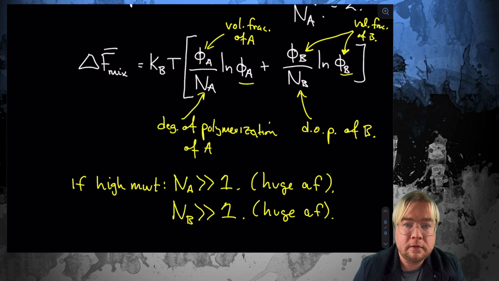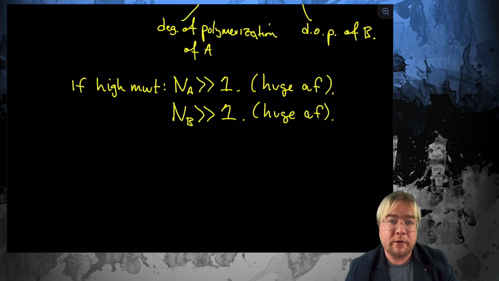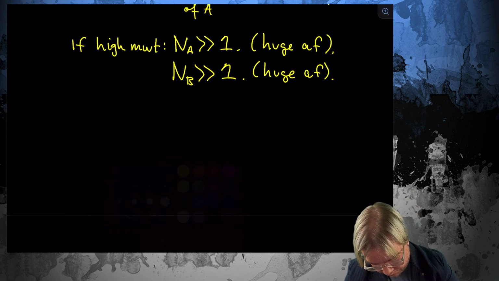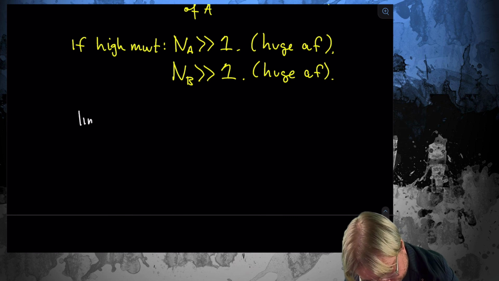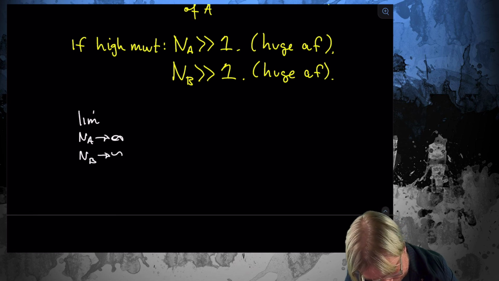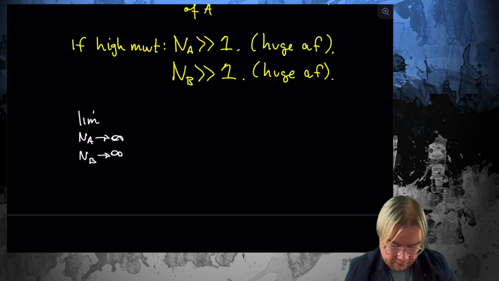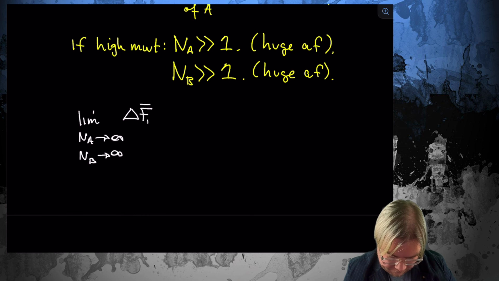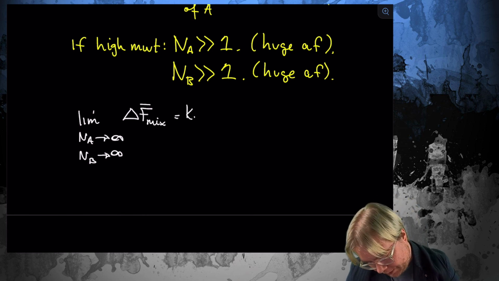What does that do to our free energy now when you have polymers? Well, let's look at the limit as Na goes to infinity, Nb goes to infinity, of delta F of mixing. Well, you're going to get kBT up front.